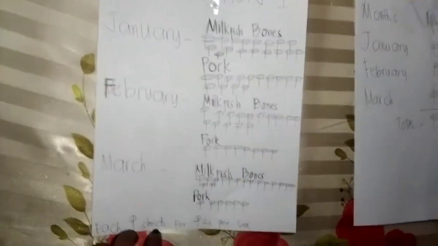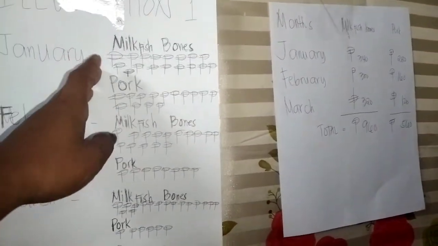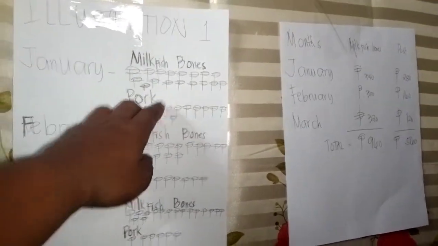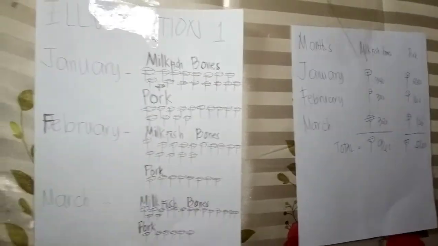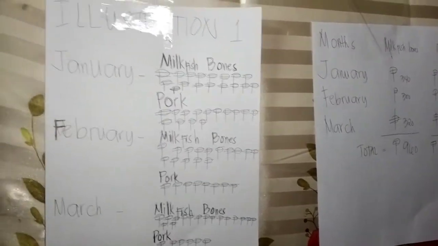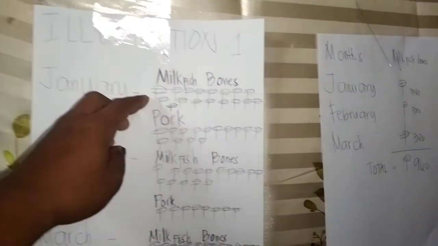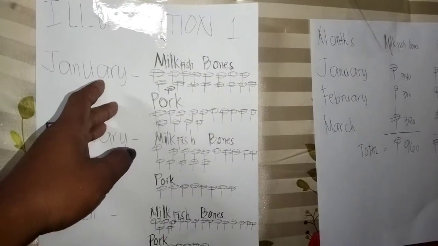Each peso sign stands for 20 pesos per can. So we have 14. Our milkfish bones for the month of January, we have 17. Our pork is 14. So the total of milkfish bones for the month of January is 340.